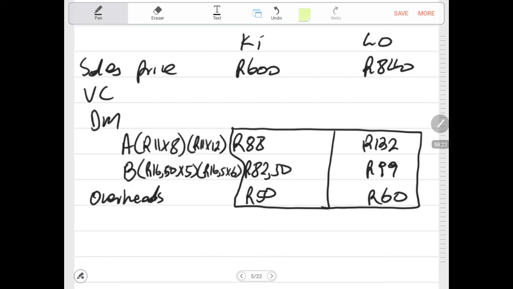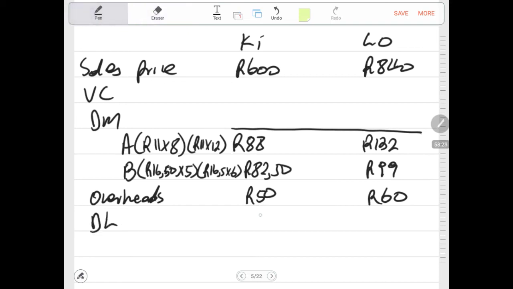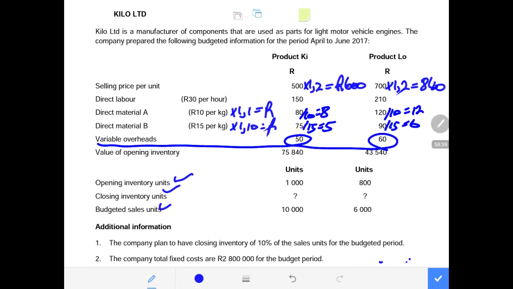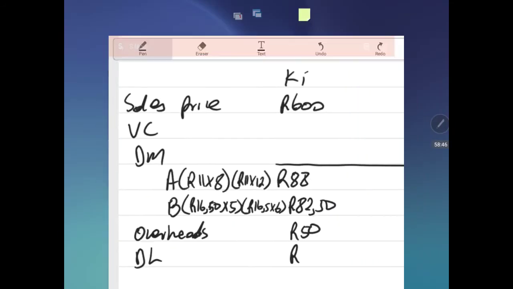there is one cost that we have left, labor. How can we forget that one? We have direct labor. Our direct labor did not change. It was 30 Rand per unit, per hour. We need it per unit. There was no change. It was 150 and 210.